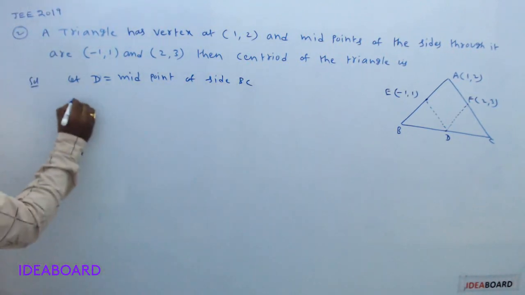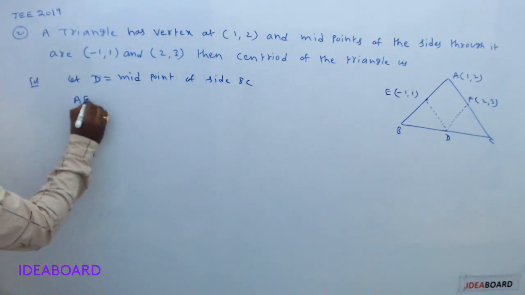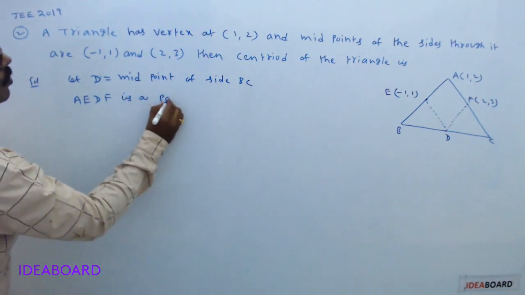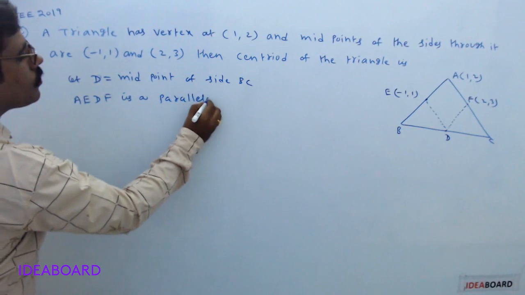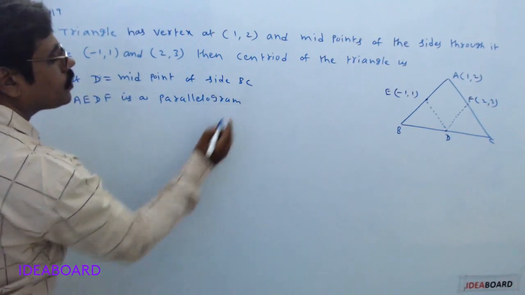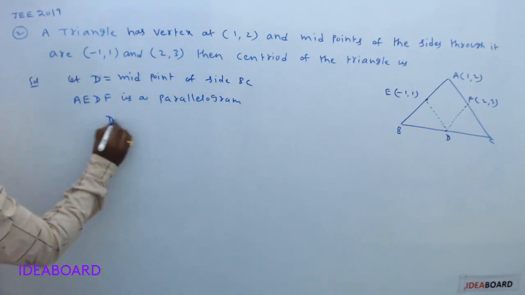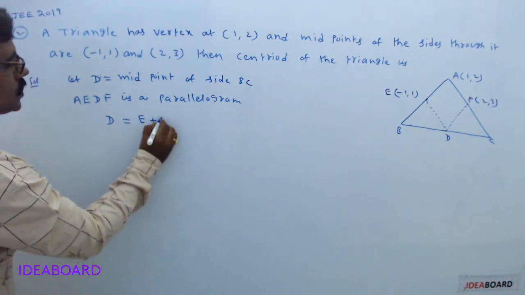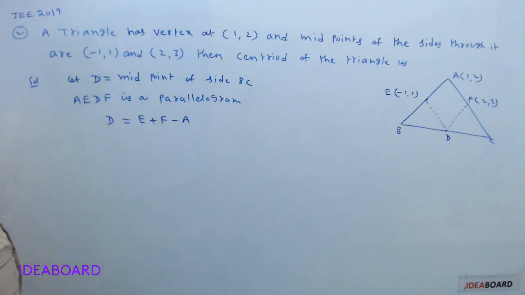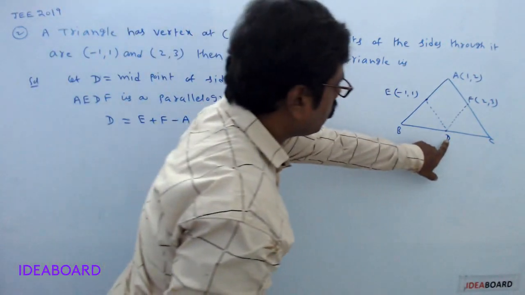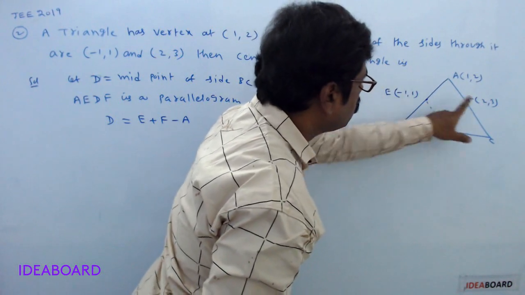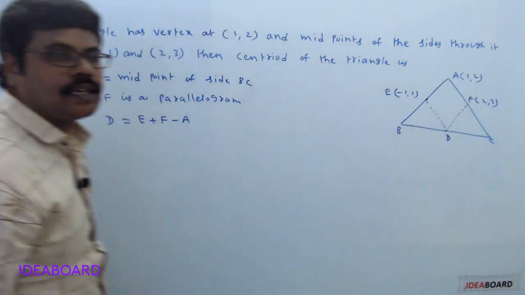From the diagram, A, E, D, F is a parallelogram, so the vertex D can be expressed as E plus F minus A.